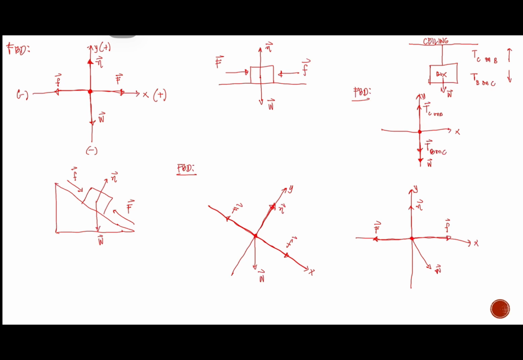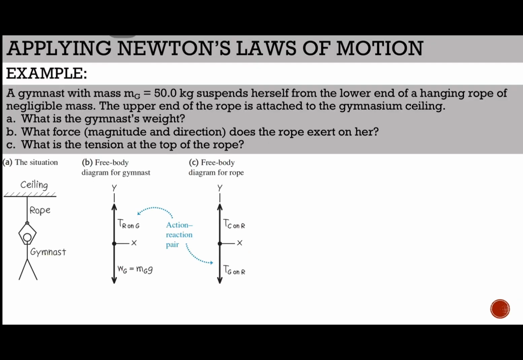Now let's go to the application of Newton's laws of motion. We have an example right here. This is an example of Newton's first law, or again, the law of inertia. Why is it an example of the application of Newton's first law?